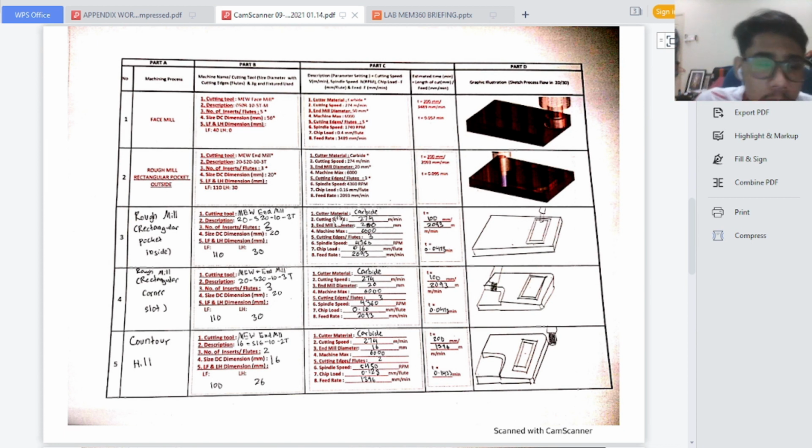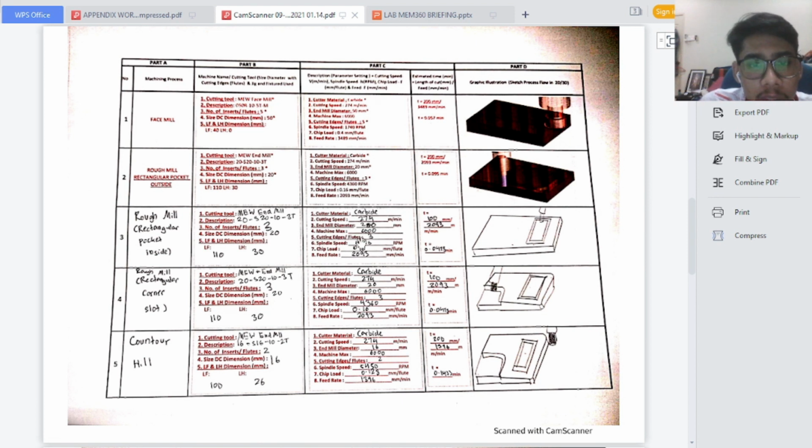Next we go to the cutter for part C. The first one is the cutter material, which is carbide. Especially for this experiment, we have to use carbide in the milling and also in the turning process. The cutting speed is 274 meters per minute, and the end mill diameter is 20 millimeters.